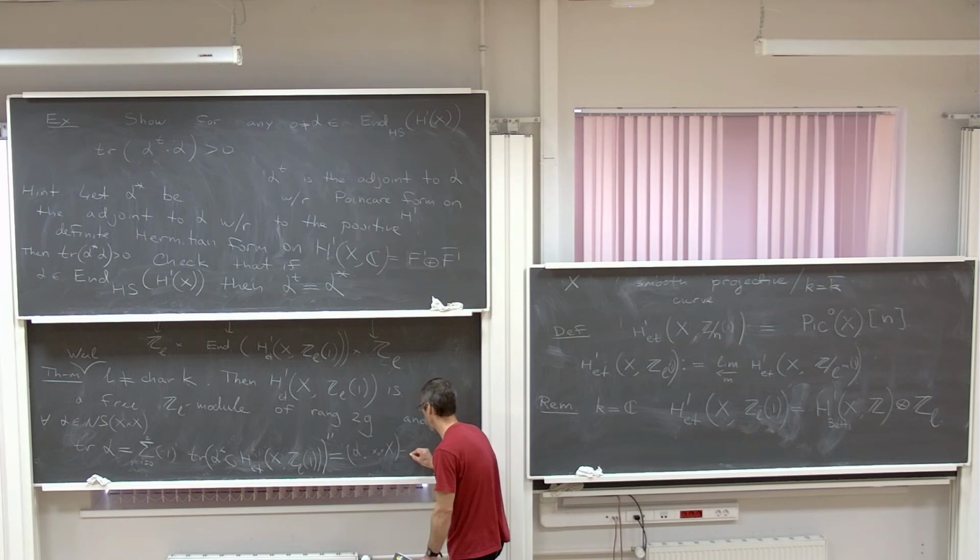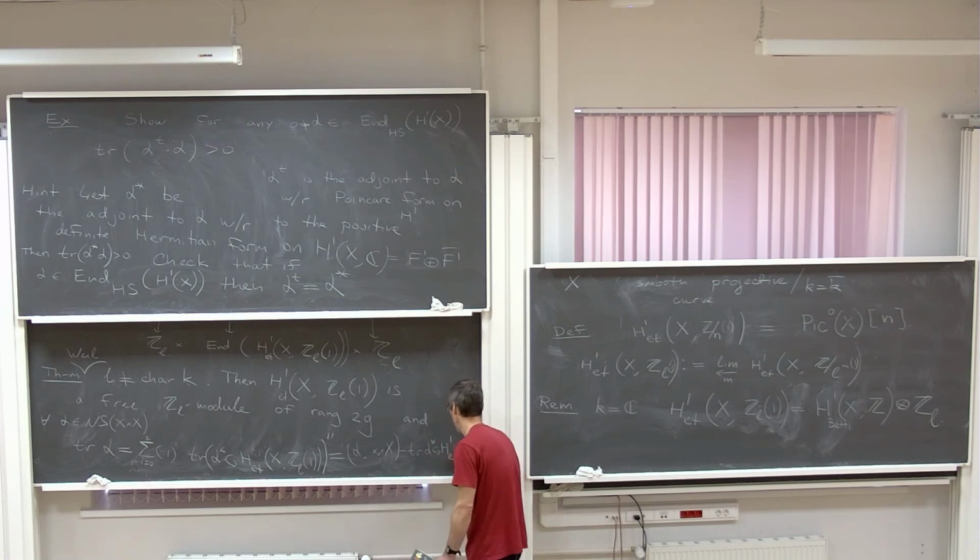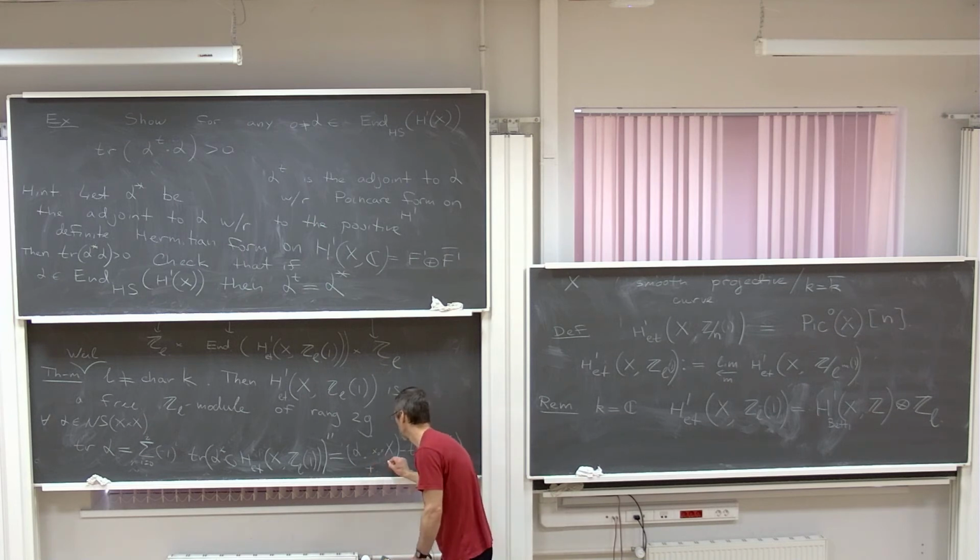Then subtract the trace of alpha star acting on H1 étale, and you add alpha intersected with X times x0.